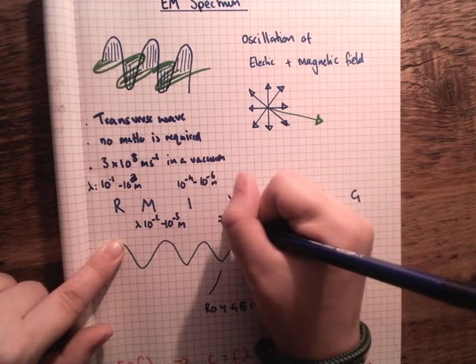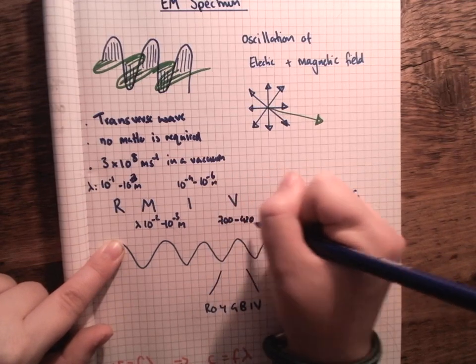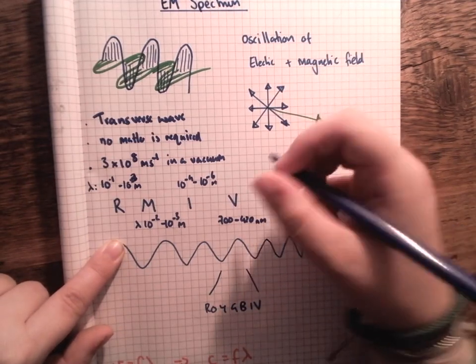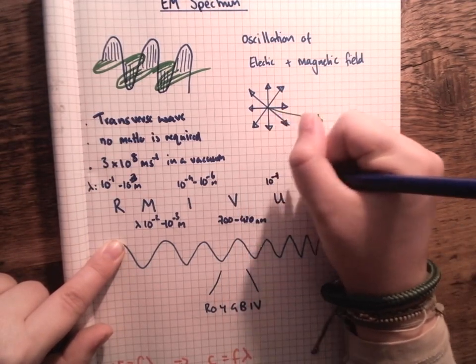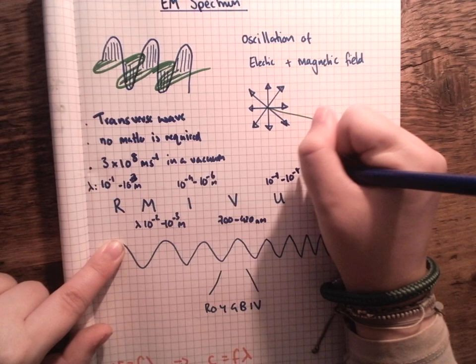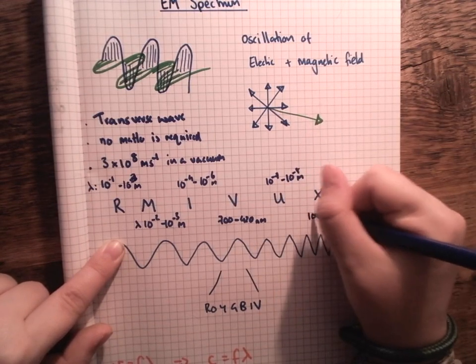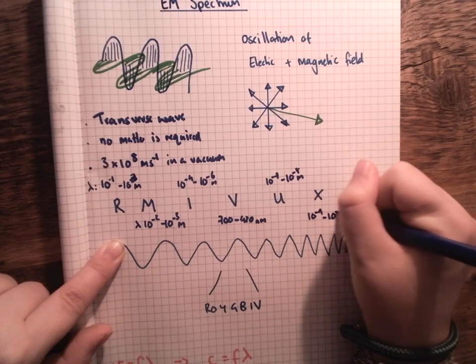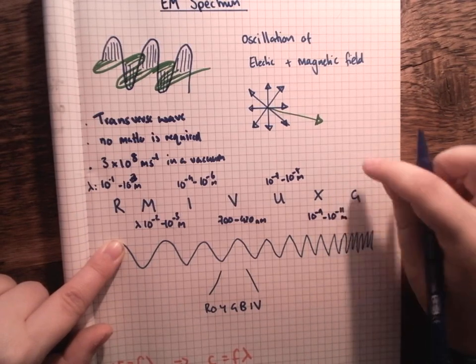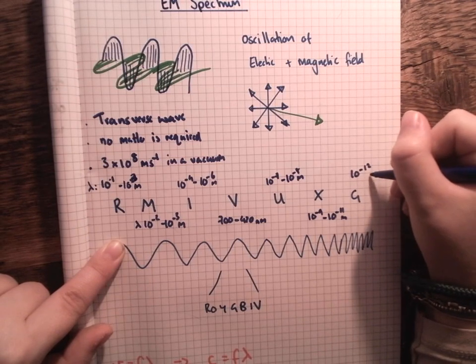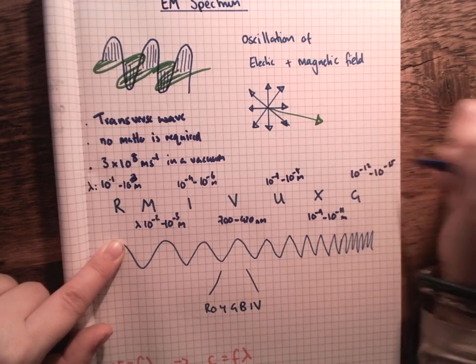We say it's 700 to 420 nanometers. All right, ultraviolet is 10 to the minus 7 to 10 to the minus 8 meters. X-rays, okay, 10 to the minus 9 to 10 to the minus 11 meters. And then for gamma, 10 to the minus 12 to 10 to the minus 15.